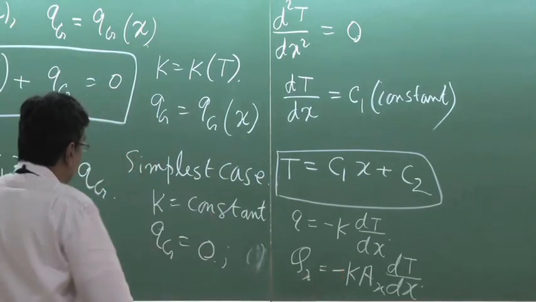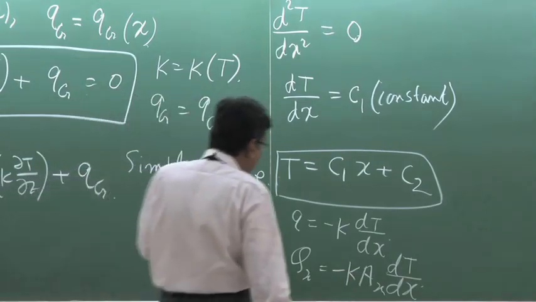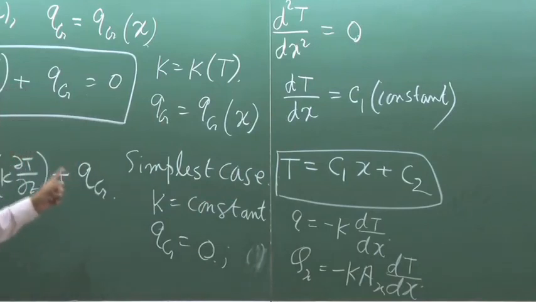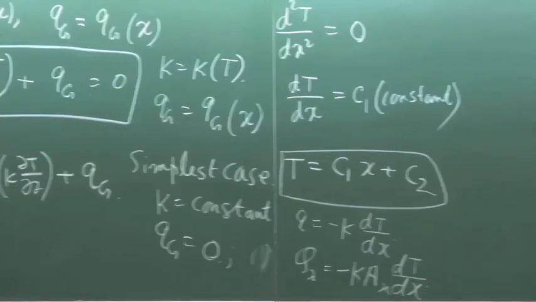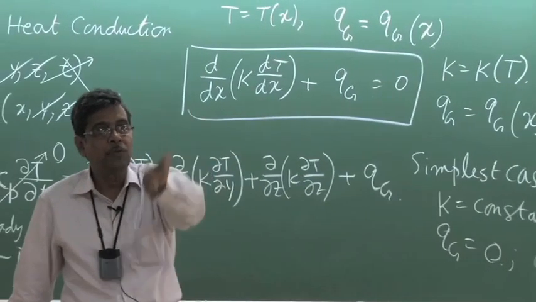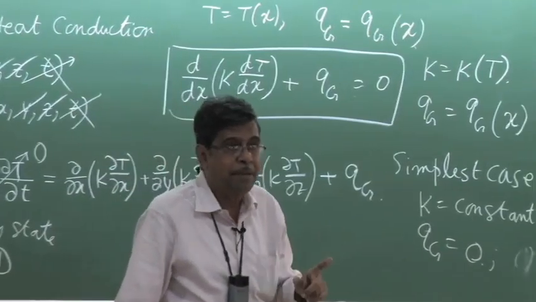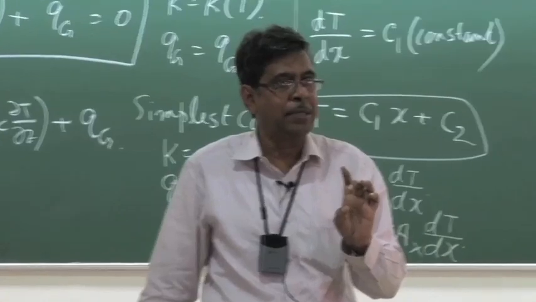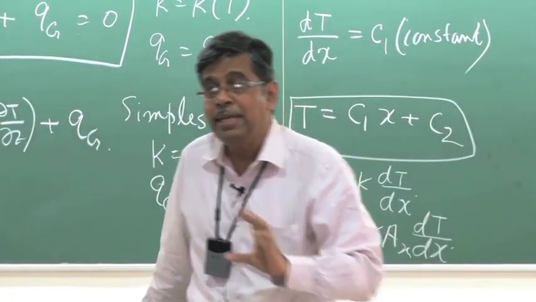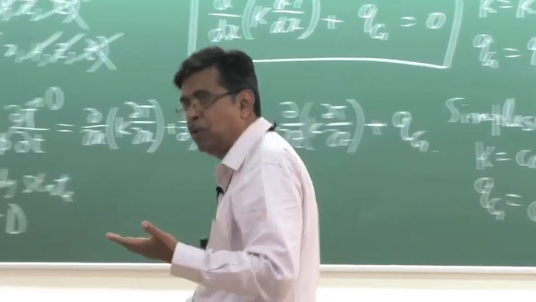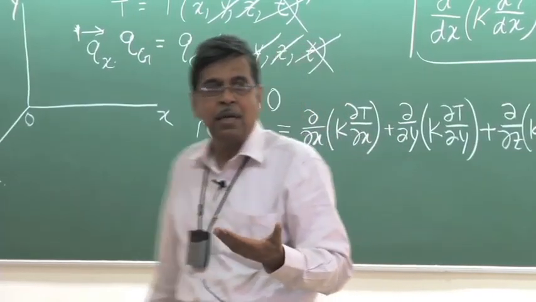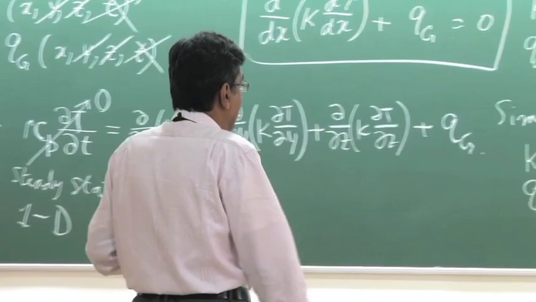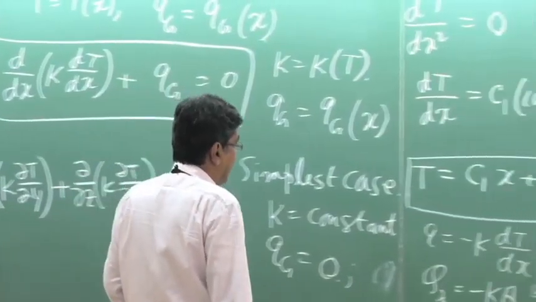So, therefore, it is not always necessary to write A, and in this case, the area for a one-dimensional problem is constant in the direction of heat flow. But sometimes, in a variable area which is truly not one-dimensional, we use an integrated approach that I will tell you in a little more detail afterwards, or we define an average temperature over a cross section and solve the problem as one-dimensional.